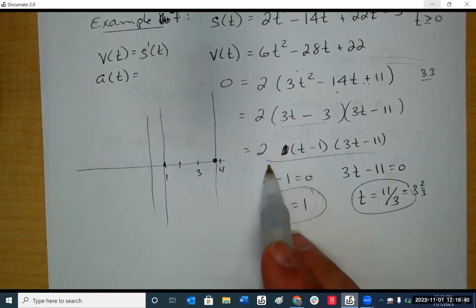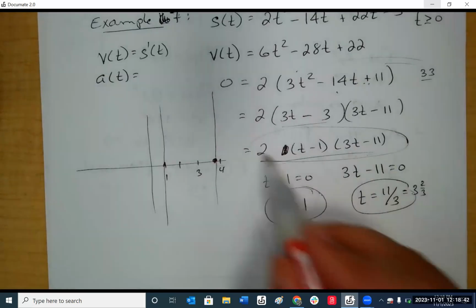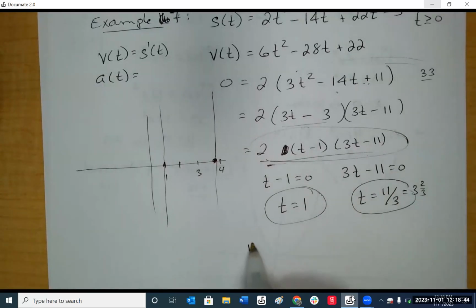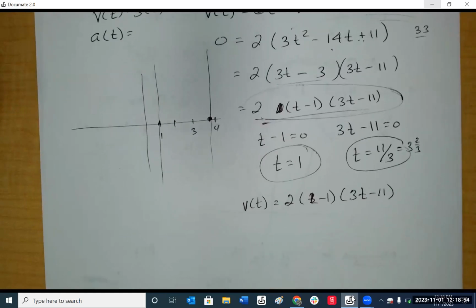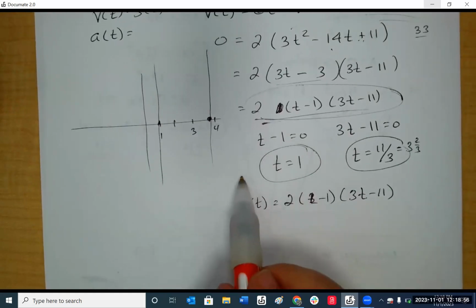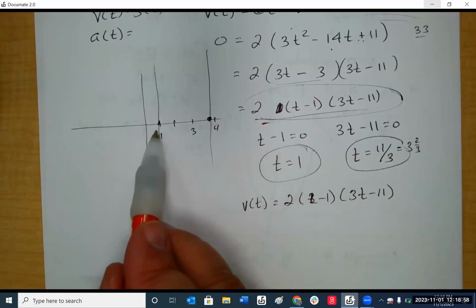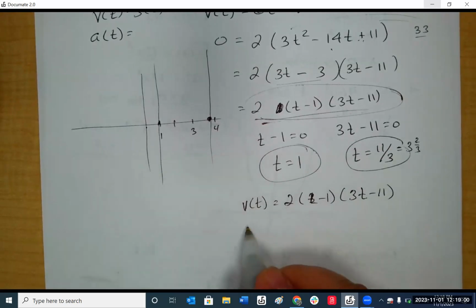So let's see what happens. I'm using this function here: 2 times (t minus 1) times (3t minus 11). So between negative infinity and 1, I'll use 0.